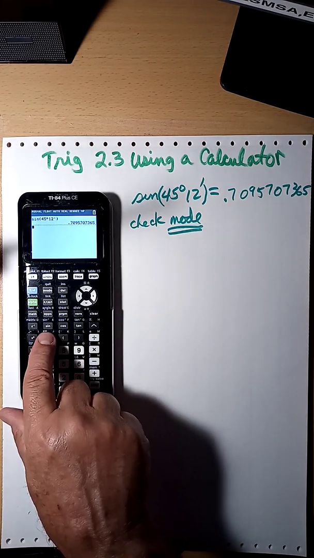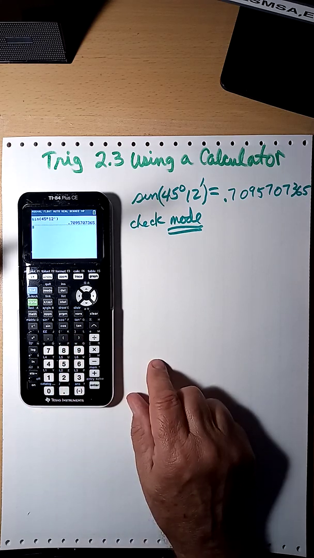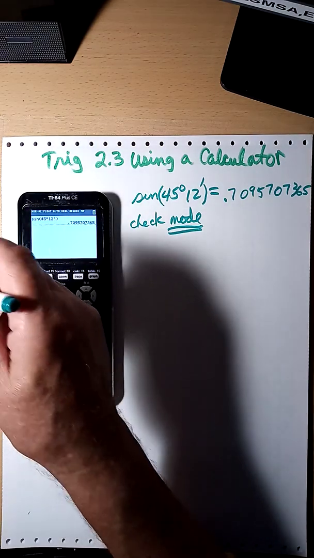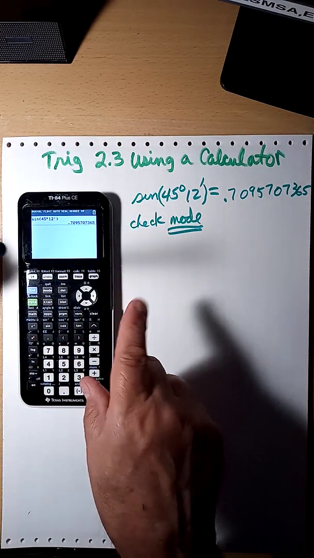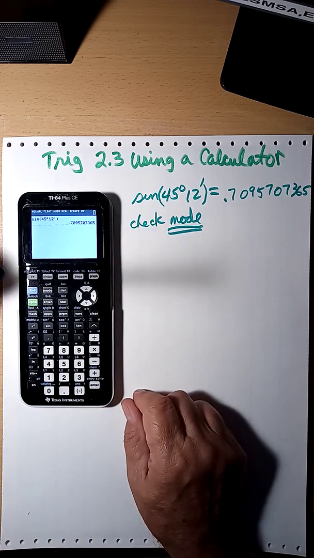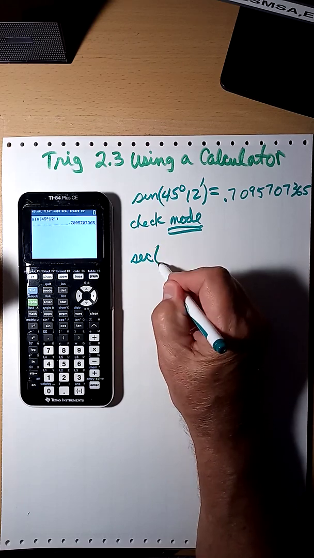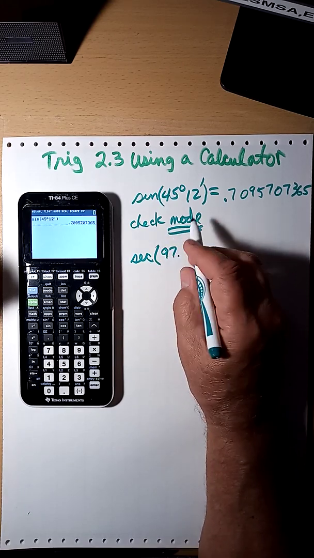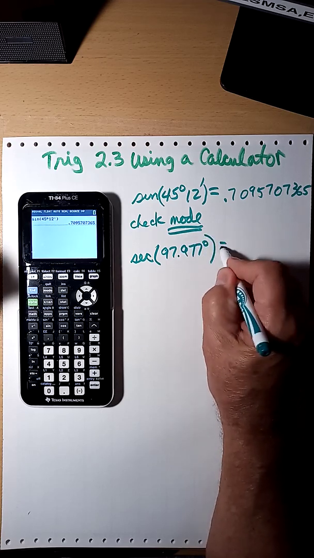Now that's good for the sine, the cosine, and the tangent. Suppose you want one of the other three. We're going to look at perhaps another way of doing this, but we're going to use some trig identities for this. If I want the secant of 97.977 degrees, I'm using decimal degrees now.